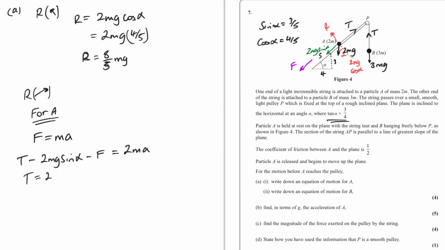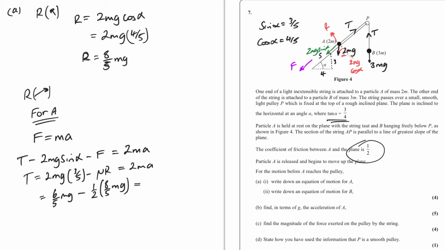Now, 2mg sine alpha is 3/5, and friction is mu R. Now we know mu is 1/2, and we already worked out R, so we've got 6/5 mg for this first one, and then we've got 1/2 times 8/5 mg for R, and that equals 2ma.